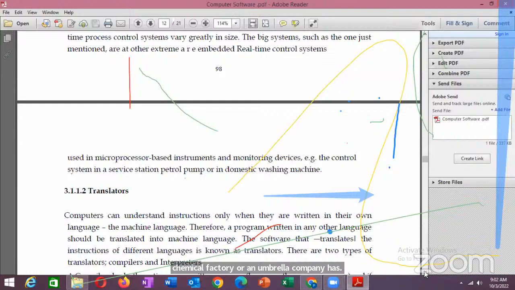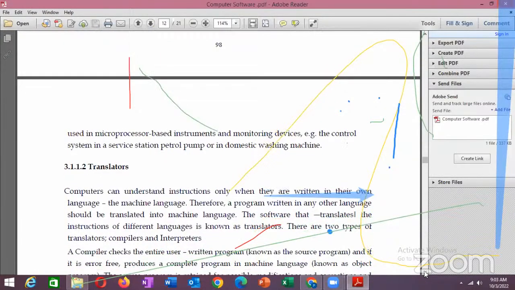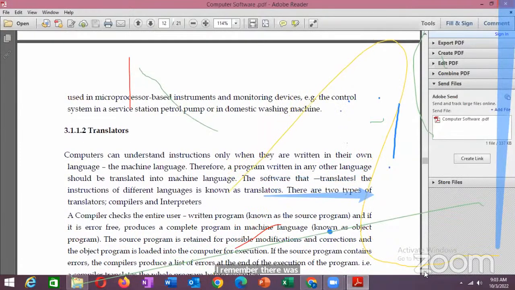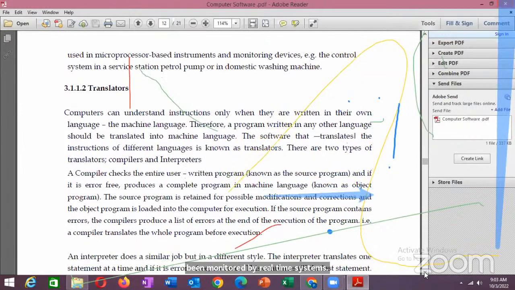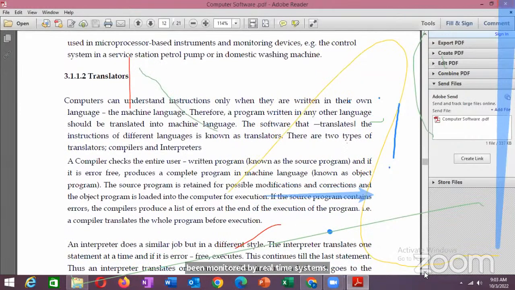I remember there was a problem the other day when somebody was crushed in those mills in Thika. These are things that should have been monitored by a real-time system to ensure the safety of people.